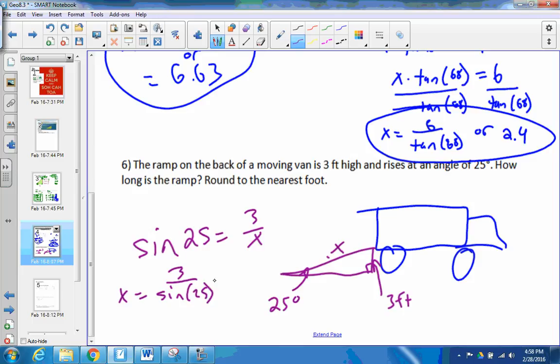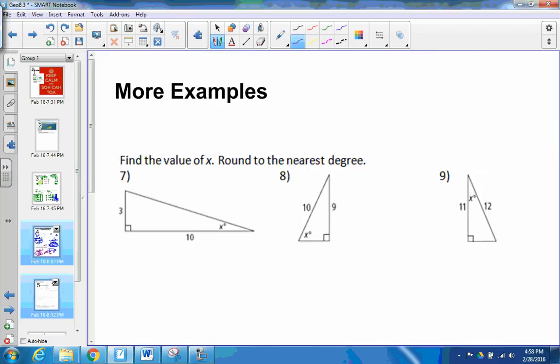If you need to look back at our work from up there, look at our work up there. But then if you put that into your calculator, you do 3 divided by the sine of 25, you end up getting 7.09 or 7.1 feet. That makes sense. 7.1 feet looks about right. All right, let's go on.